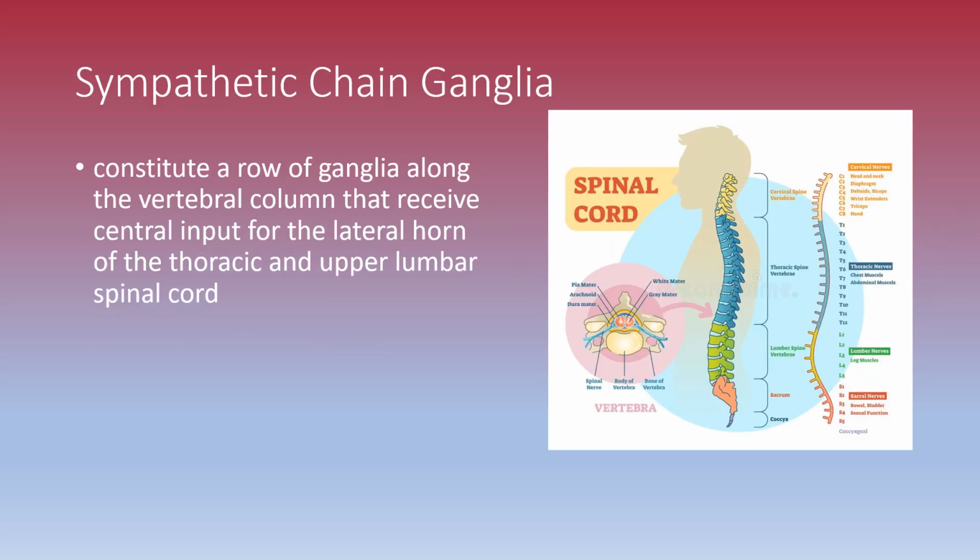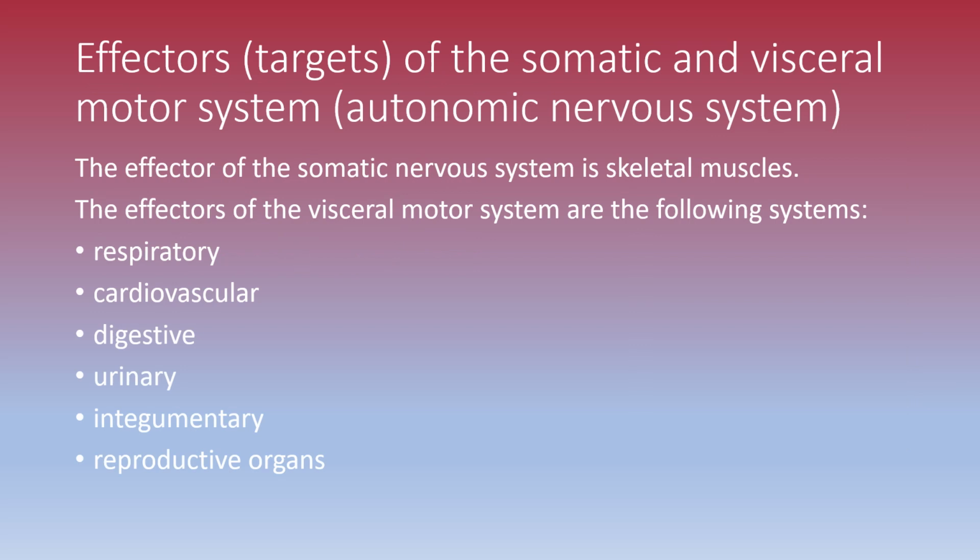The sympathetic chain ganglia constitute a row of ganglia along the vertebral column that receives central input from the lateral horn of the thoracic and upper lumbar spinal cord. These help the body have a balanced internal and external state, also known as homeostasis.